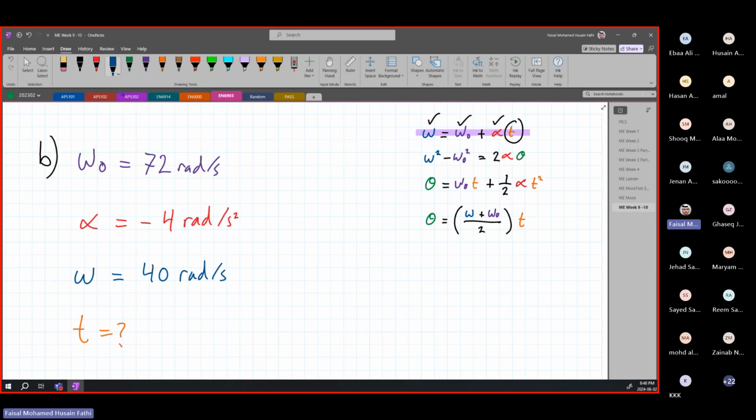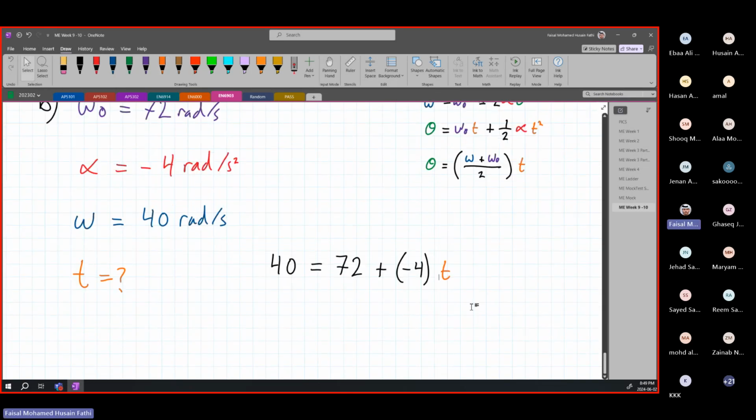So we're going to be using omega is equal to, let me just plug in the numbers directly since the equation is here. 40 is equal to omega 0, which is 72, plus alpha, which is negative 4, times time, which is what we are trying to find, t. Now we just solve for t in this equation. So we're going to take the 72 to the other side. We get minus 4t is equal to 40 minus 72.